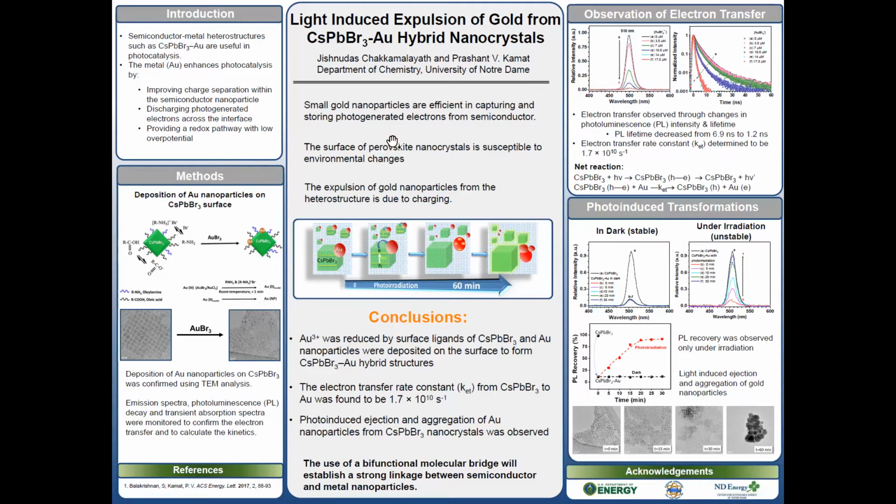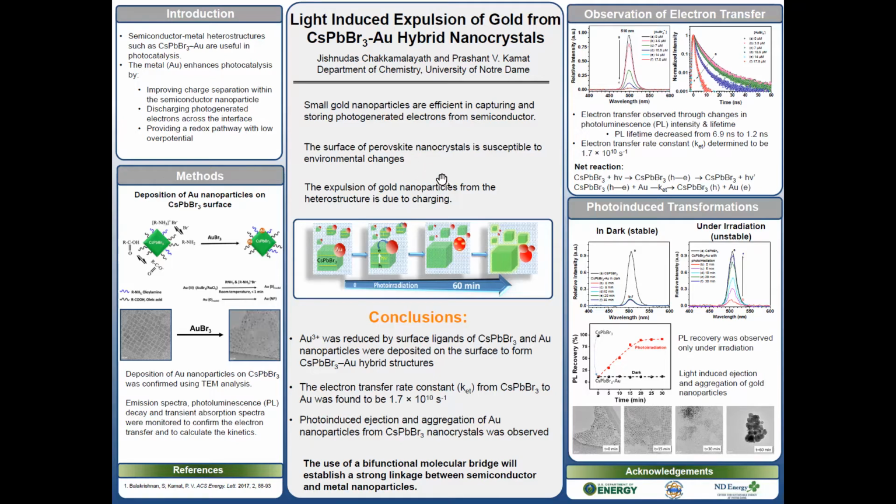This result describes how unusual the photo effect of expulsion of the gold nanoparticles from the cesium lead bromide gold heterostructure is. Unlike other semiconductor nanocrystals, the surface of the perovskite nanocrystals is susceptible to environmental changes. It's dynamic in nature.